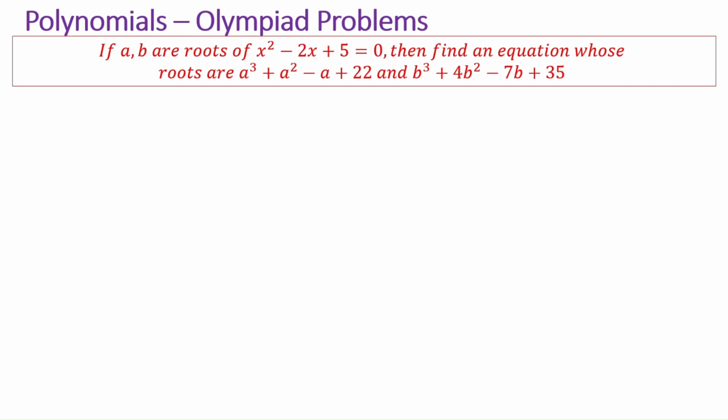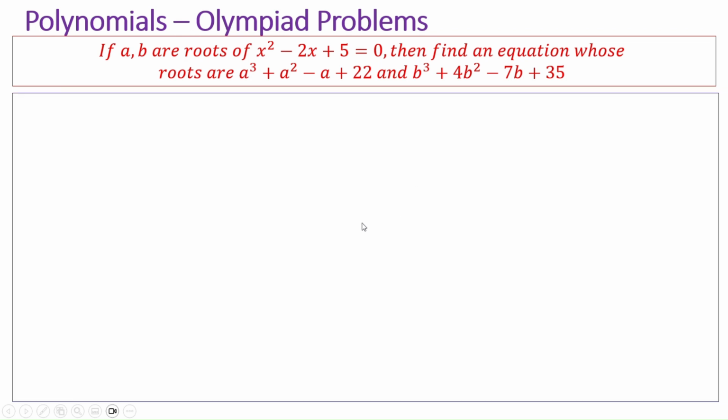Which means you would have to substitute into this equation and get a quadratic equation, which is very difficult, with the a cube and b cube terms. For all such problems, there is one easy way. This is one type of problem, but there can be multiple such problems across all competitive exams, especially in Olympiad. So how to solve this?